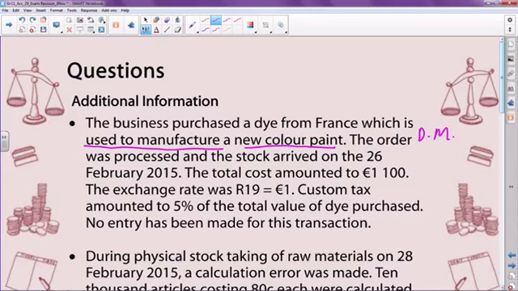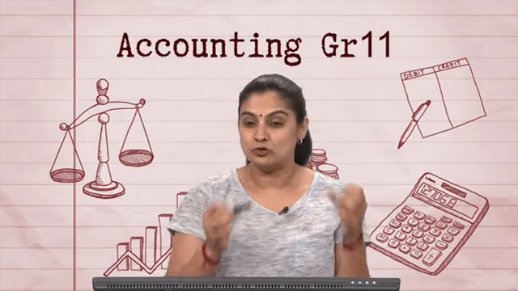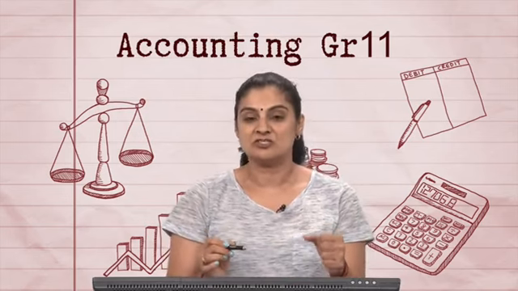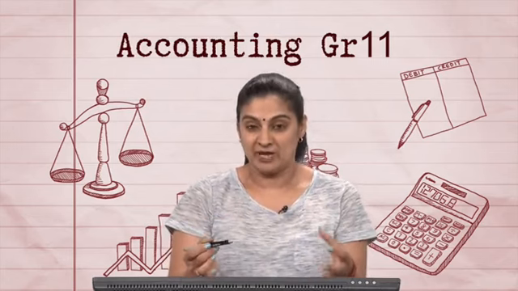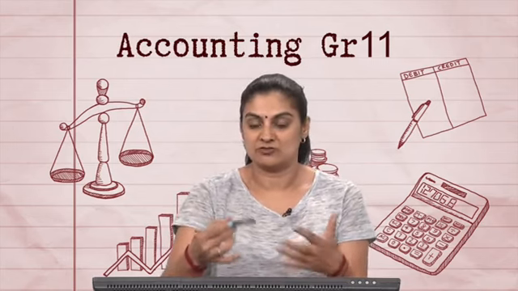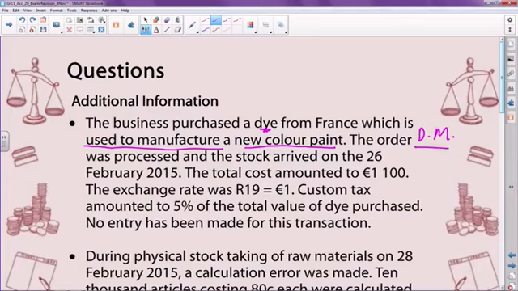Remember the difference between direct materials and indirect materials. Direct materials are used directly in the manufacturing process. So this particular business makes paint, and obviously the dye, which is for the color of the paint, is used directly in the manufacturing process. So all of this information is going to impact on direct materials.